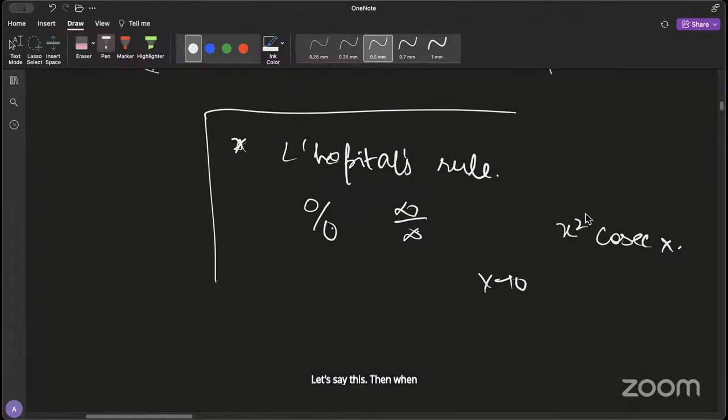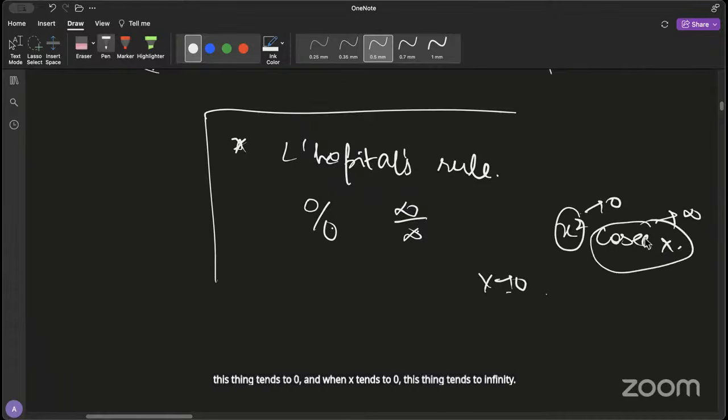Then when x tends to 0, this thing tends to 0. And when x tends to 0, this thing tends to infinity, right? Because this is 1 by sine x, and when x tends to 0, sine x tends to 0. So this entire thing will tend to infinity.